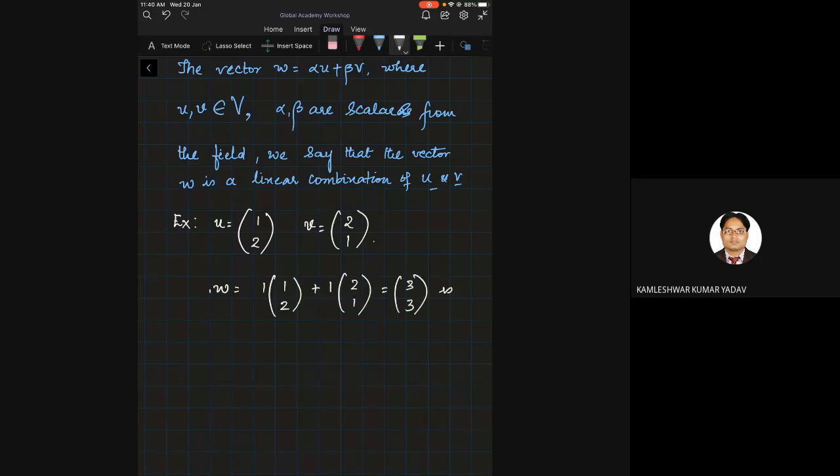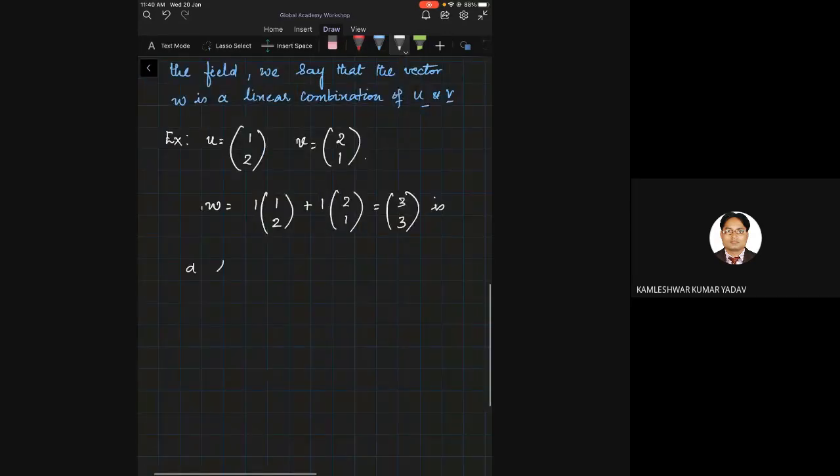So w is a linear combination of u and v, where alpha is equal to beta is equal to 1. Is this okay? So this is a linear combination.